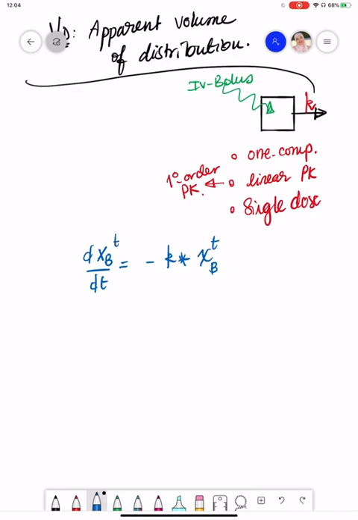We mentioned that some references would have Xp as Xb and X0 as D0.